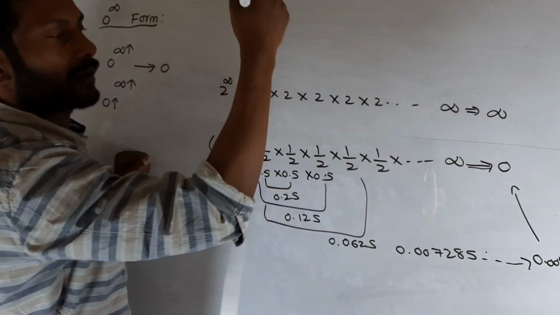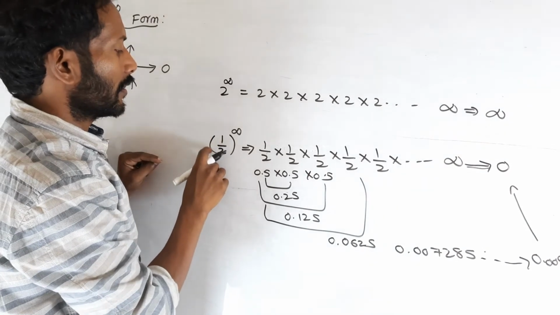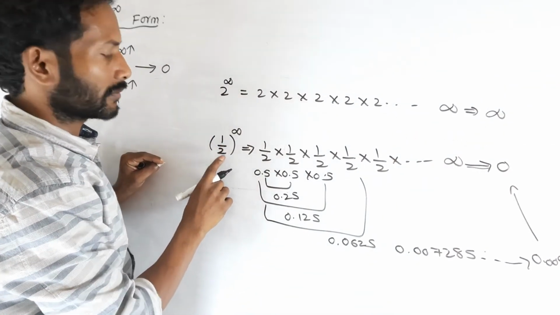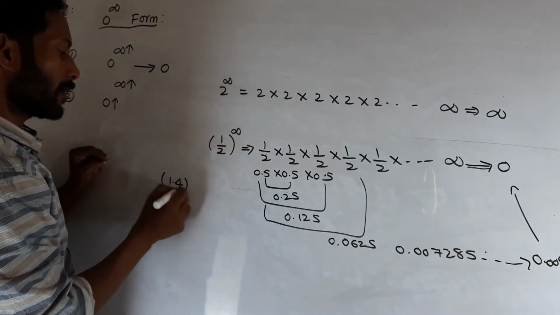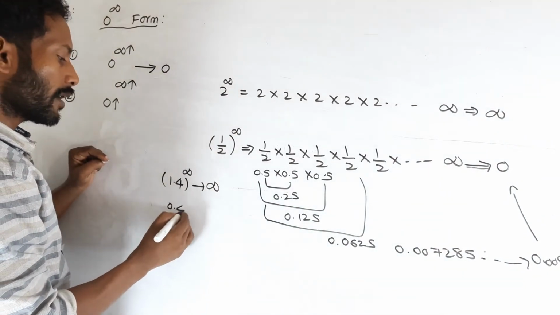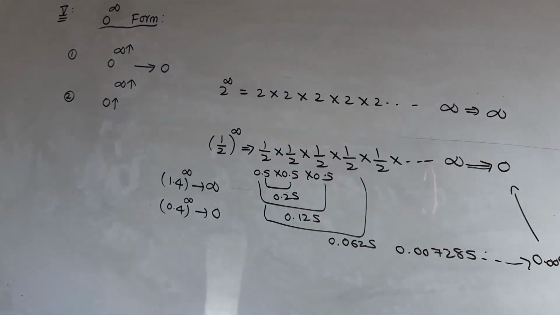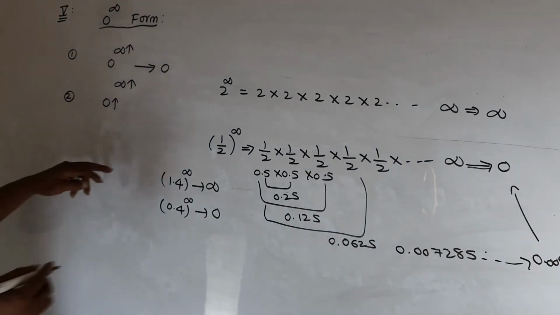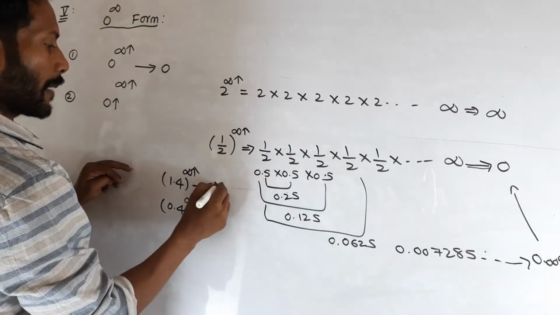Similarly, for decimal values, 1.4 whole power infinity approaches infinity, and 0.4 whole power infinity approaches 0. I hope this is clear.